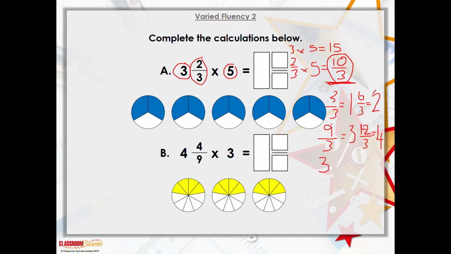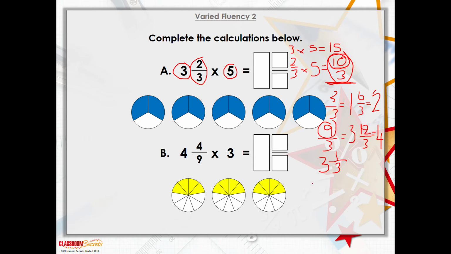But I need to calculate the difference between 9 and 10. Because I want to include any remaining thirds in my mixed number. And if I count from 9 to 10, it is just 1 difference. So my mixed number is 3 1/3.